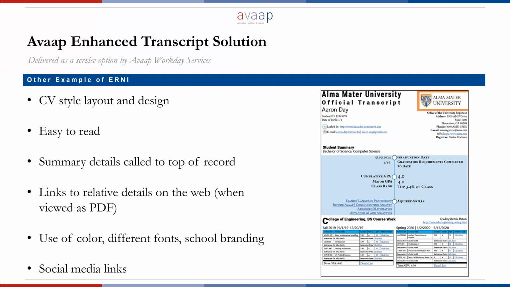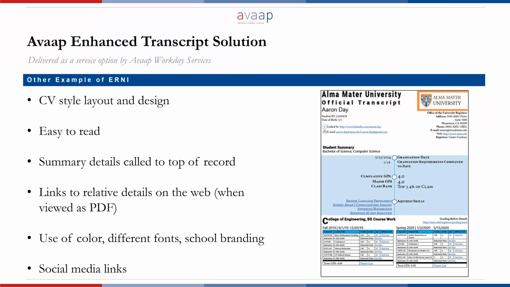By leveraging the power of Workday, we're able to bring in elements like summary data, and call that out specifically. So the student's GPA and class rank, skills they acquired, like language proficiencies in Spanish, internships completed or in progress. Again, we can aggregate the data and show metrics that highlight the student's overall accomplishments.